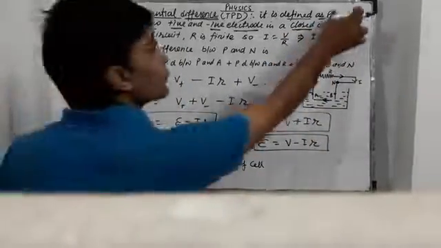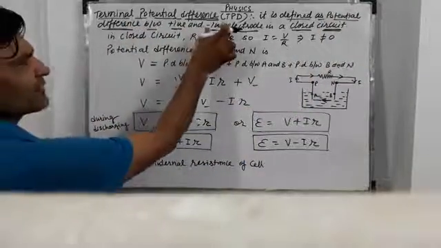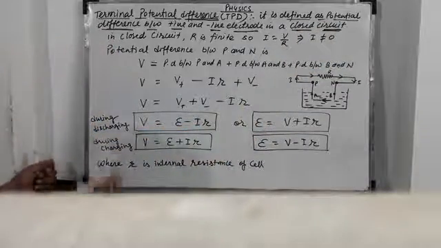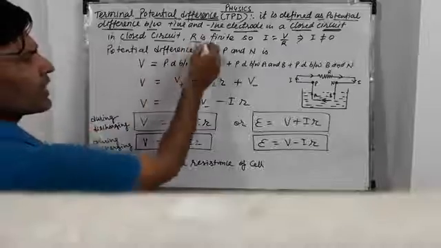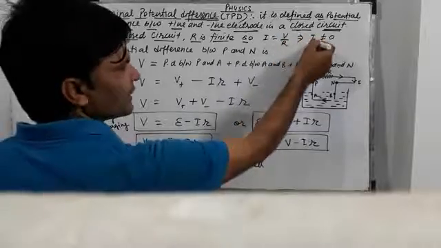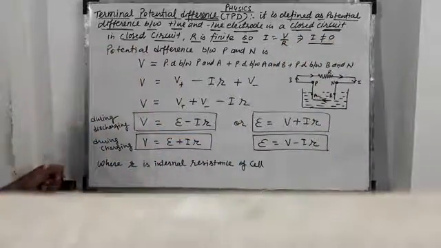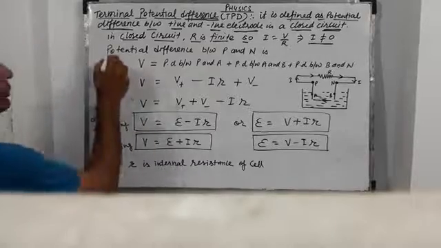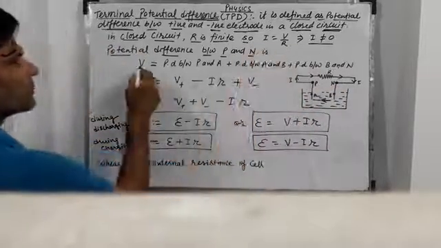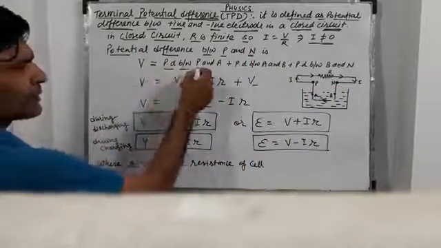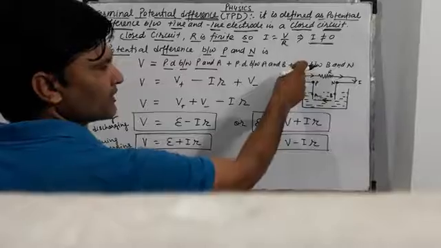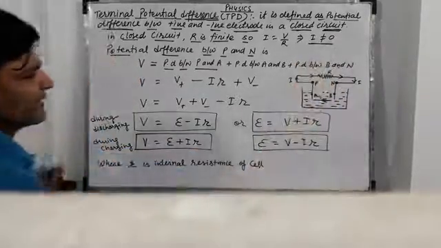In a closed circuit, R is finite, so I is equal to V upon R. This represents that I does not equal 0. So the potential difference between P and N is V, equal to the potential difference between P and A, plus the potential difference between A and B, plus the potential difference between B and N.